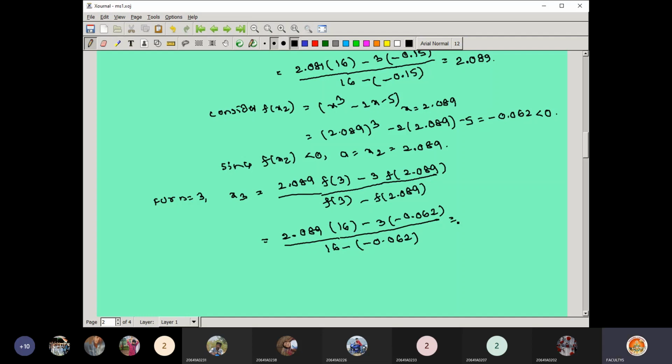You can use the divided by button. 2.089 is multiplied by 16. Next it is plus 3 into 0.062. So total it is divided by 16 plus 0.062. So approximately you are getting 2.09.